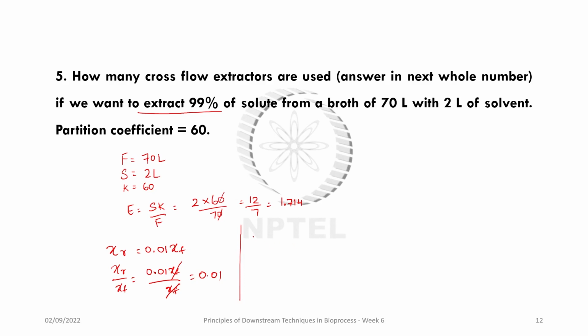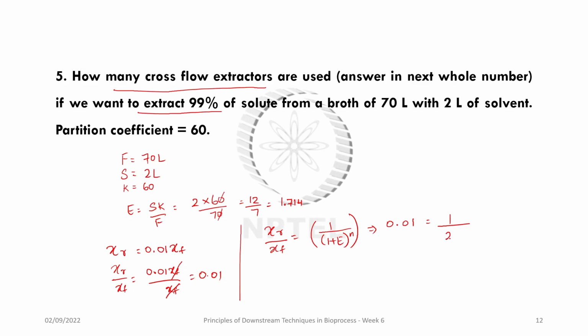Okay, so if we substitute this into the equation, XR divided by XF is equal to 1 by 1 plus E whole power n, because we are here to find how many cross flow extractors we need, right? So 0.01 is equal to 1 by, what is E here? 1.714.